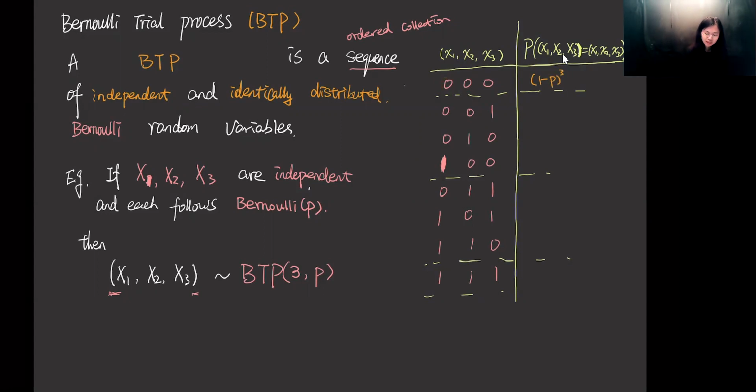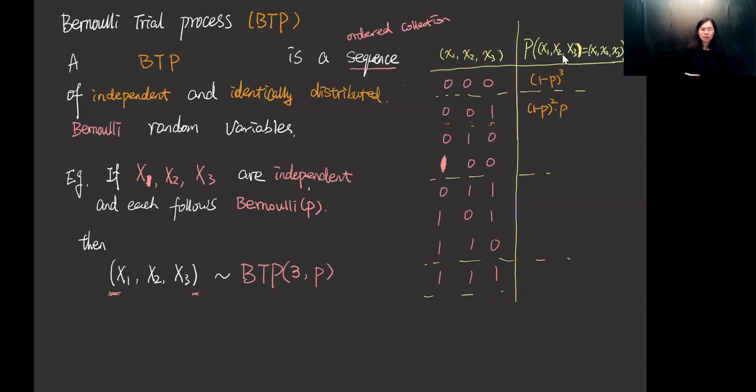The probability that the process takes the value 0, 0, 1 can be obtained by the same principle. It's the probability that x1 equals 0, which is 1 minus p, times the probability that x2 equals 0, which is also 1 minus p. So you get 1 minus p squared, times the probability that x3 equals 1, which is p.